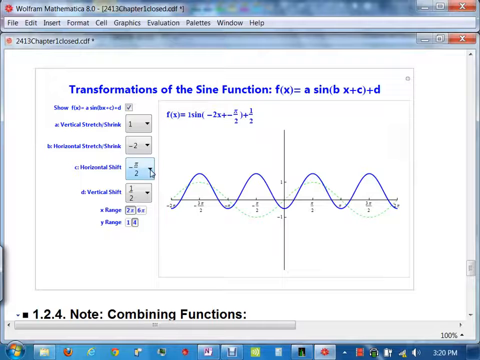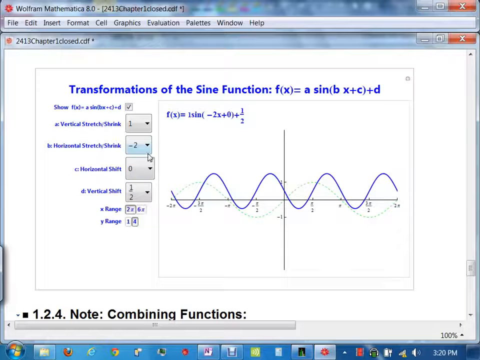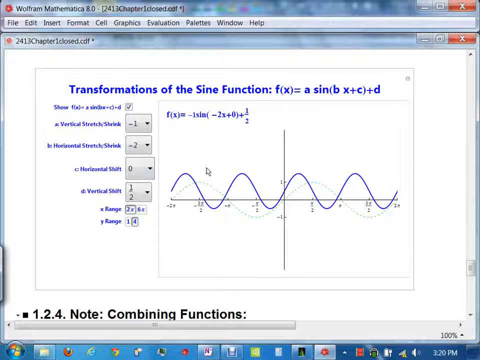What did I do there? See. Oh, I changed that. That changes your period. This is wrong. It shouldn't say horizontal shift. It should be period. Flip it over. So you can play with this on your own.